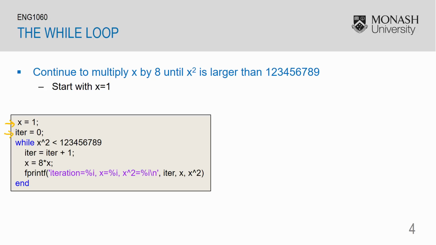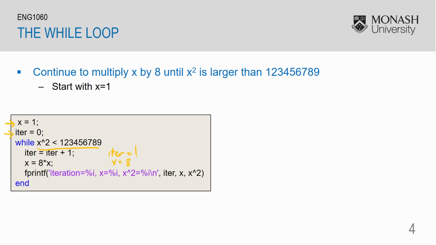And our condition is that x squared must be less than some large number. As x starts off with 1, x squared, which is 1 squared, is less than that number, therefore it is true. It will then go into the loop, update iteration, so iteration is equal to 1, and x is equal to 8.